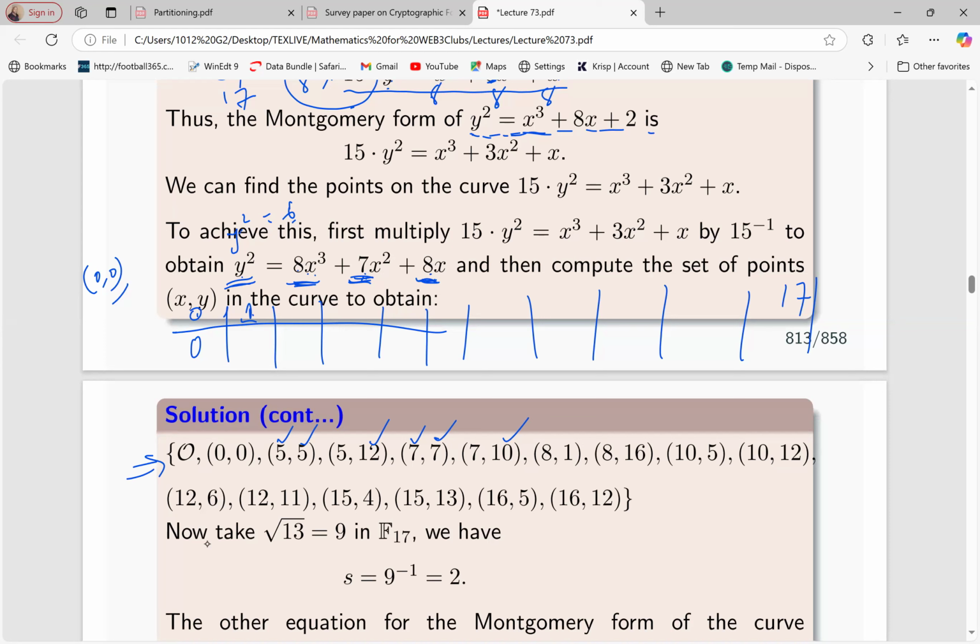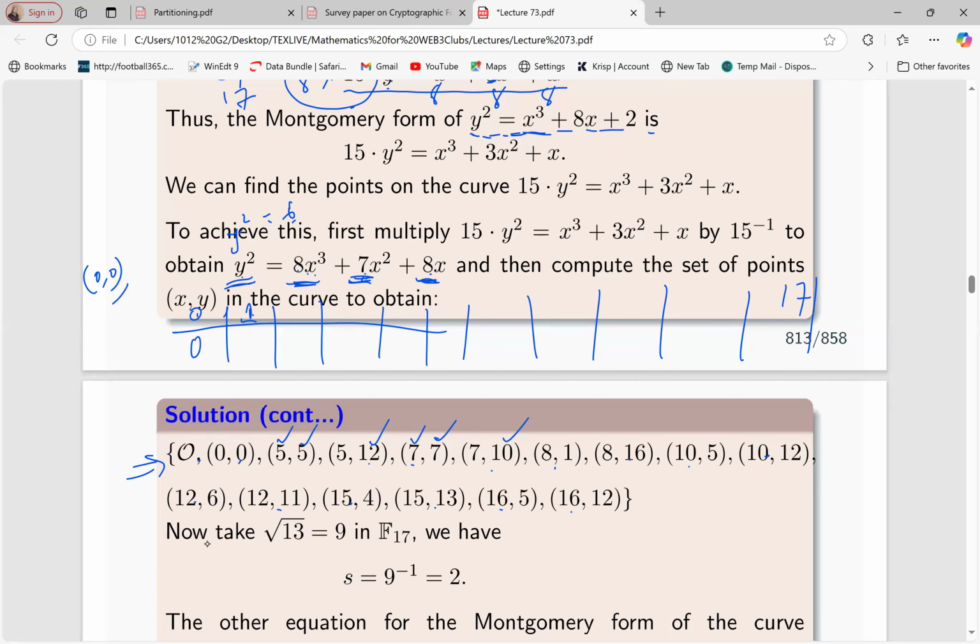The equation we began with, the short Weierstrass, had 16 points: 1, 2, 3, up to 16.